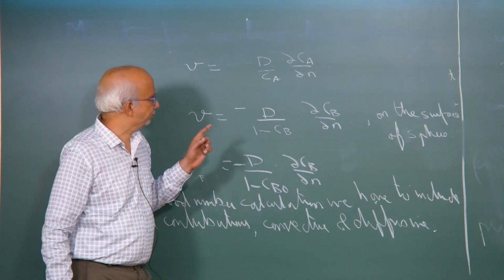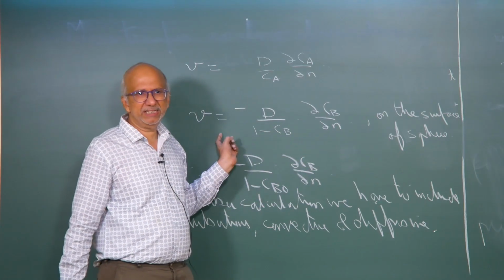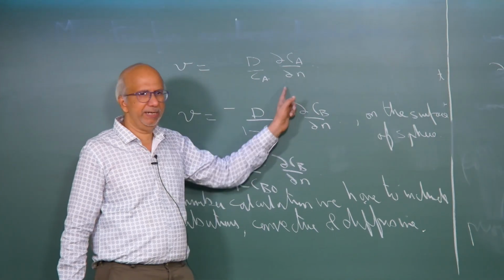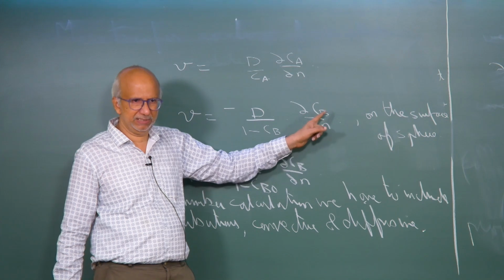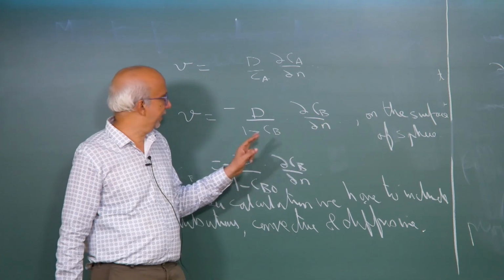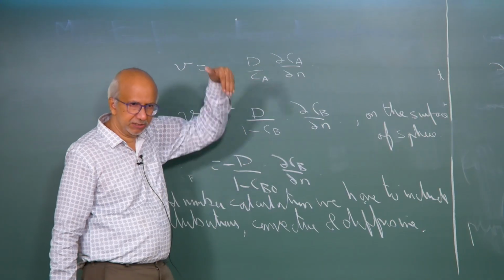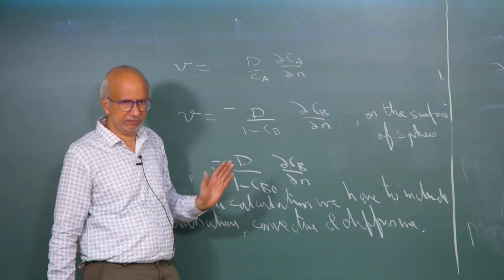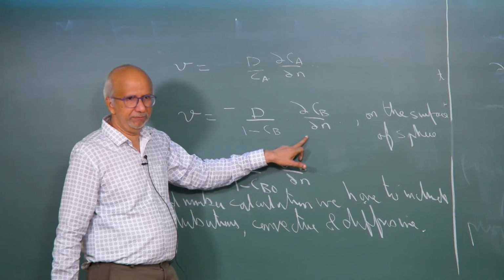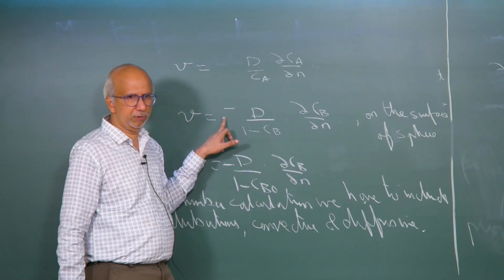So the direction of the velocity is going to be decided by the gradient of the concentration. If dCb by dN is positive, then you have a flux towards the surface, because v is the velocity in the normal direction. If dCb by dN is negative, then this is positive.